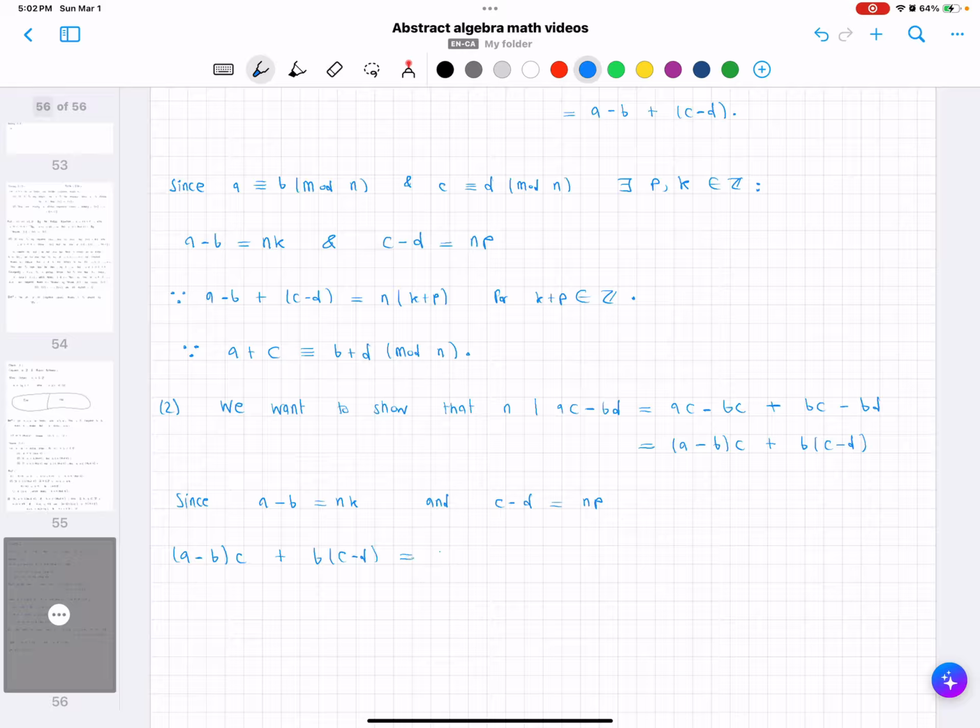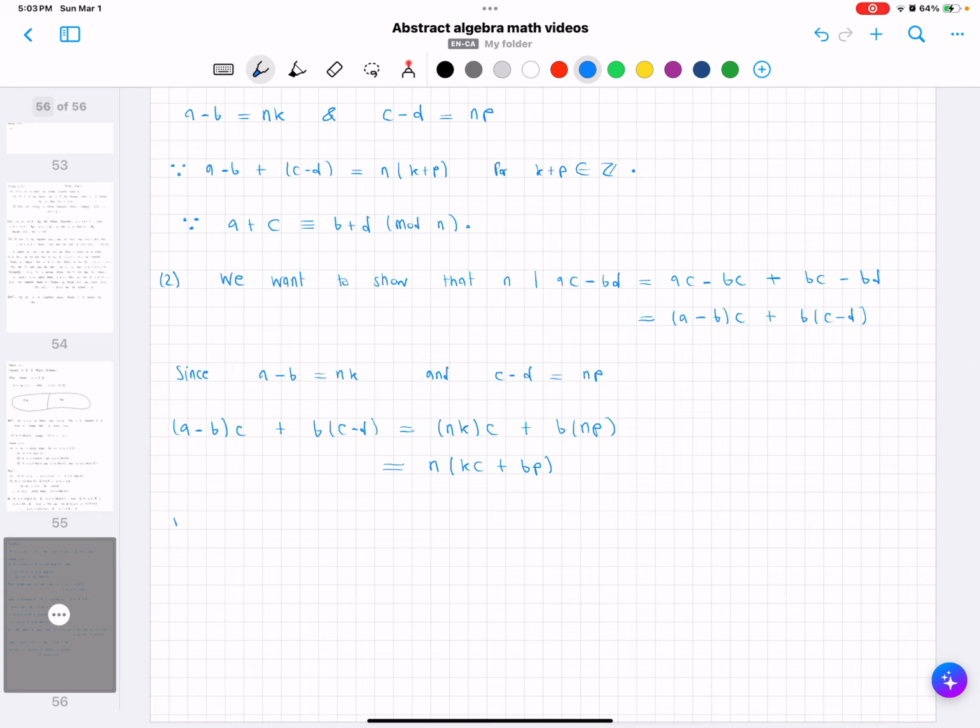So we have nk multiplied by C plus B times np. Here let's factor out an n: n times kC plus Bp. So indeed you have that n divides AC minus BD, and we are done.